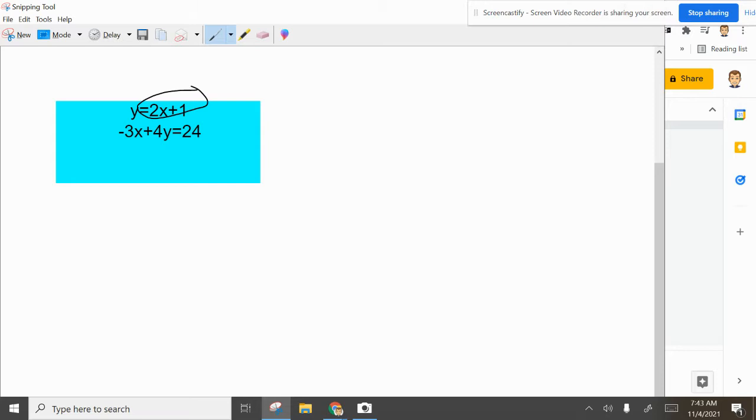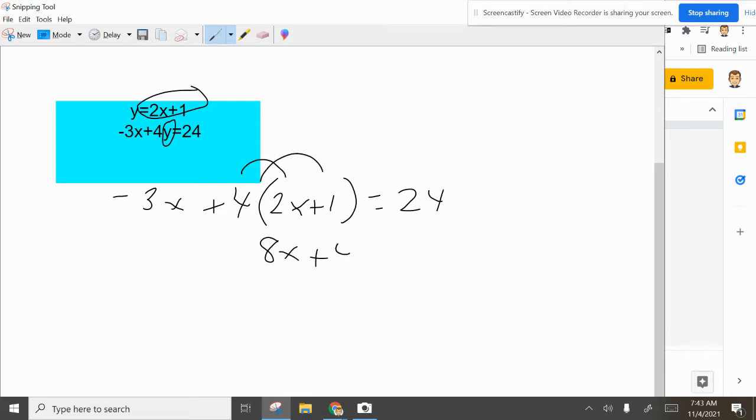We're going to take this and put it where the y is, right? So I'm going to put negative 3x plus 4, 2x plus 1 equals 24, okay? Then I'm going to distribute 8x plus 4. This should all be written on your table.